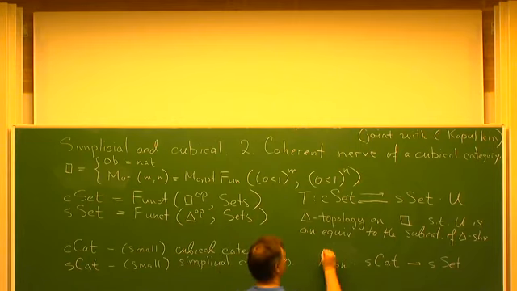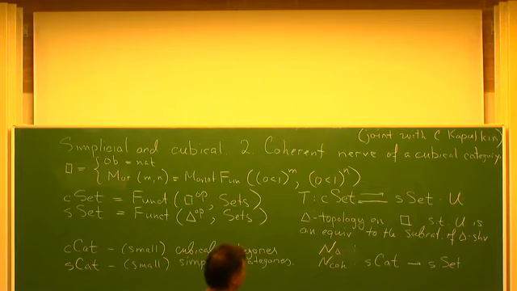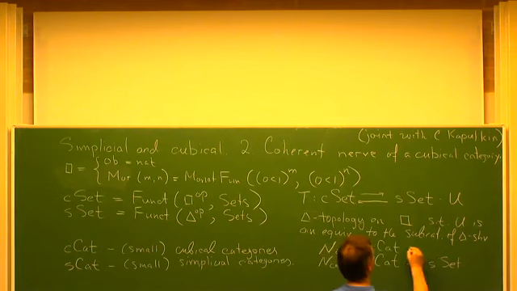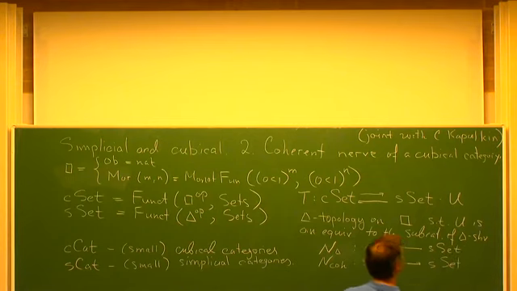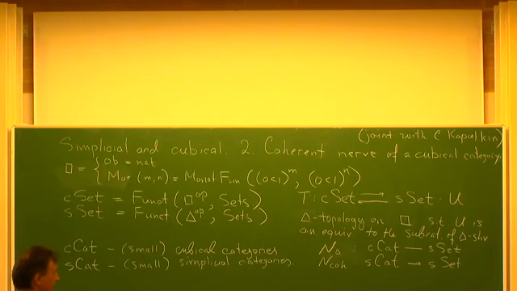And we are going to describe and discuss something called simplicial nerve, for lack of a better term, from cubical categories to the category of simplicial sets, and the relationship between the two.